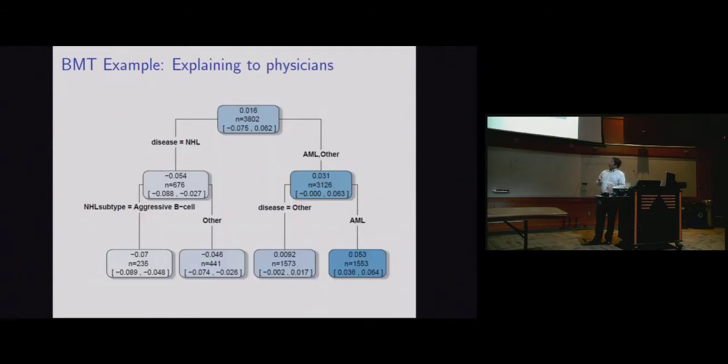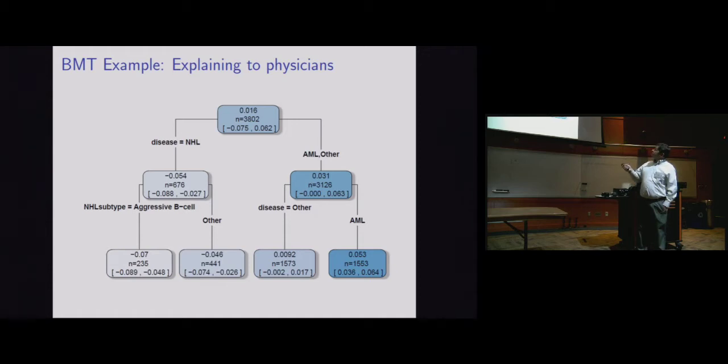And that's what this tree is, and we use a single tree so that we can get an interpretable result, and in this particular case, it actually ended up being a very simple split. The first one is on the disease, so non-Hodgkin's lymphoma versus AML, which is acute myelogenous leukemia, and other diseases.